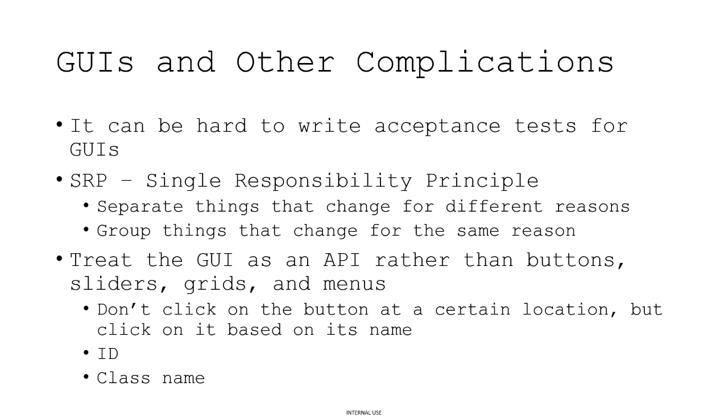The location will change, but maybe the name of the button's not going to change. So you can test it that way, and you can test the response from clicking on the button. Maybe when you click on the button, it calls an API, and you can mock that API call and ensure that things are being returned in the result that you want them to be returned.